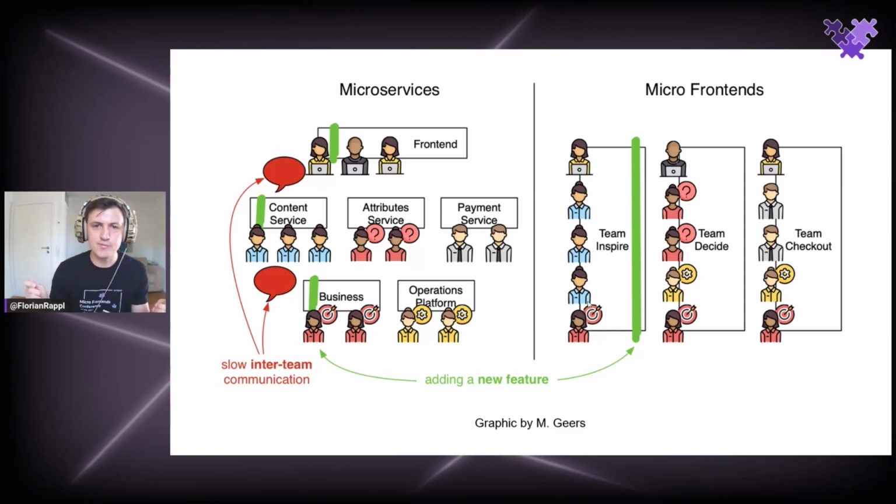And since you have that, potentially you have other cross-cutting concerns formed in some central teams like a business team or an operations team. And of course, again, there's alignment needed because the service teams alone can't decide anything, right? They always need to align. And of course, also the other teams need to align. So you have a lot of inter-team communication.